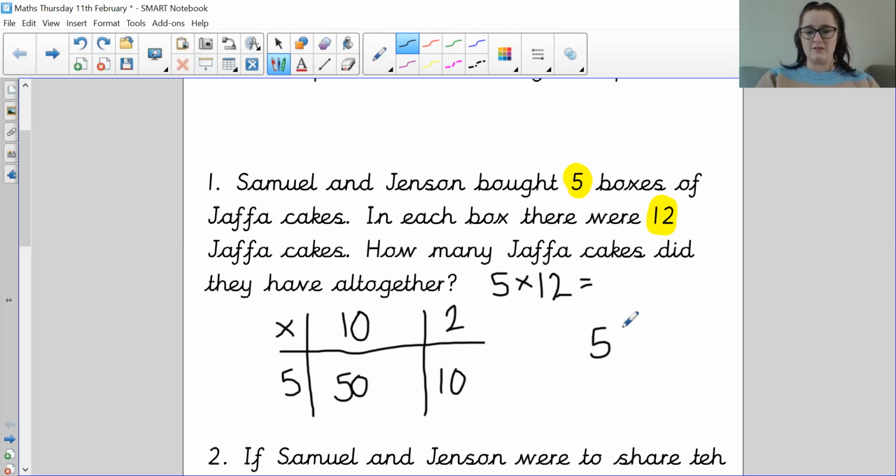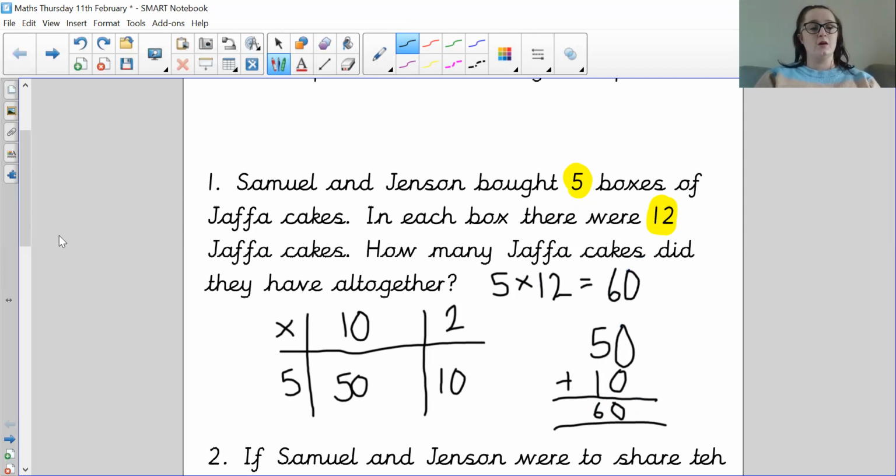And now I've got a really big 0, not to panic. There we go. 50 add 10. Well, 0 add 0 is 0. 50 add 10 is 60. So I've got 60 Jaffa cakes altogether. That is a lot of Jaffa cakes, isn't it? Miss Dunn would have a great time with those.